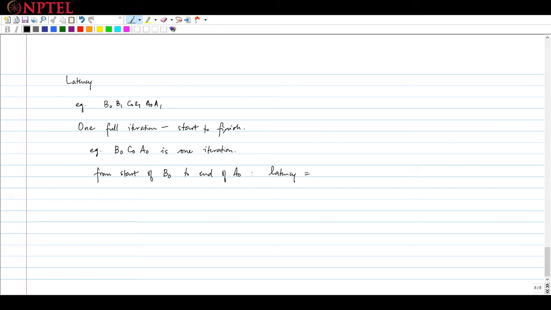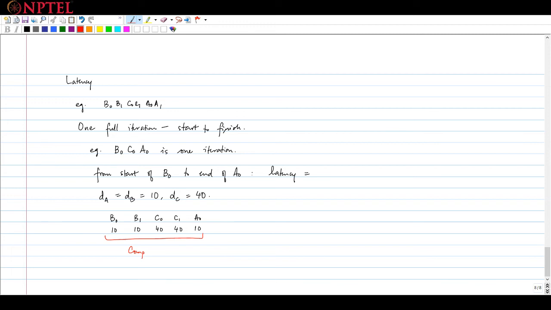I basically know that dA and dB are equal to 10 and dC is equal to 40, right? So effectively what I have is B0 10 time units, B1 10 time units, C0 40, C1 40, A0 10.